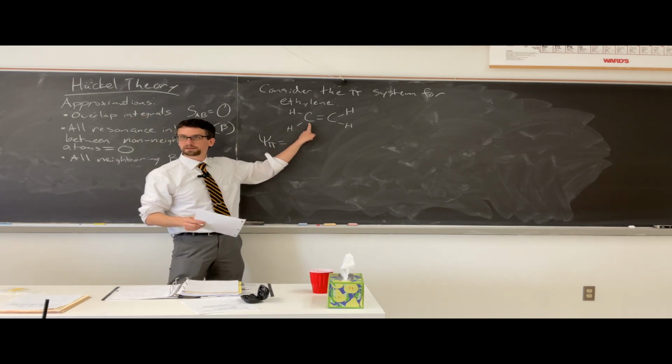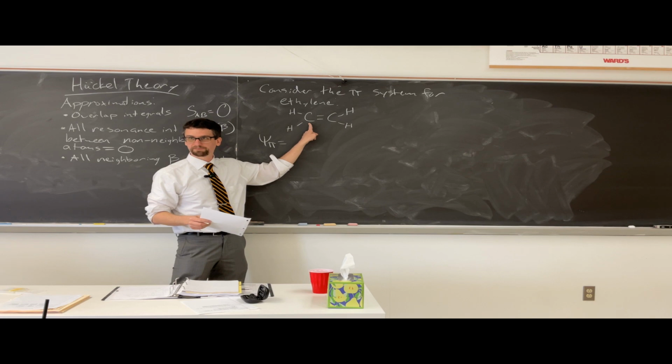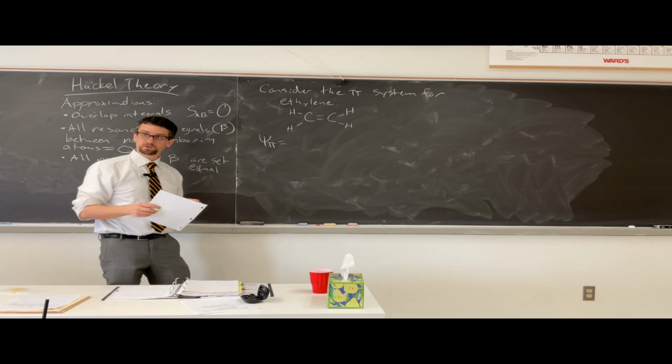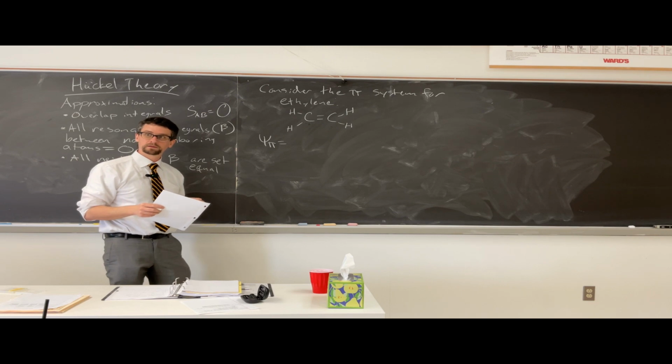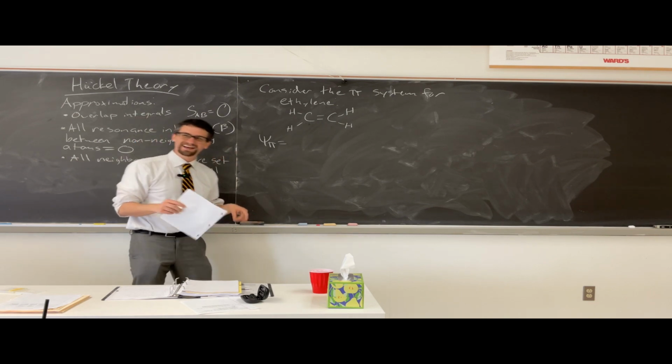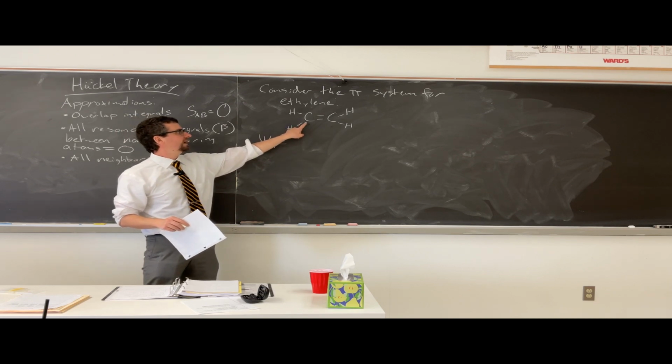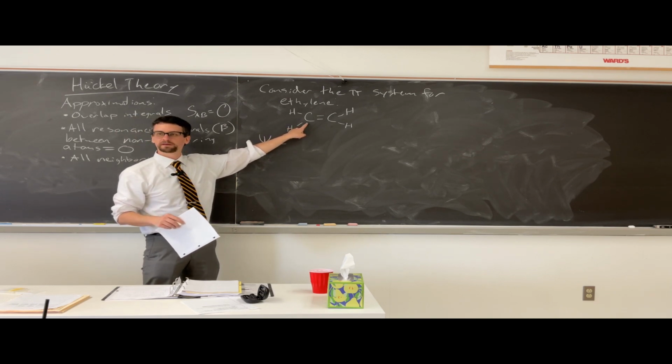If we were to write out a wave function for the pi system, it's going to be comprised of what? What makes that pi system up? 2 carbons, specifically what on those 2 carbons? Yeah. What is the hybridization of this carbon? sp2, yep. So where?